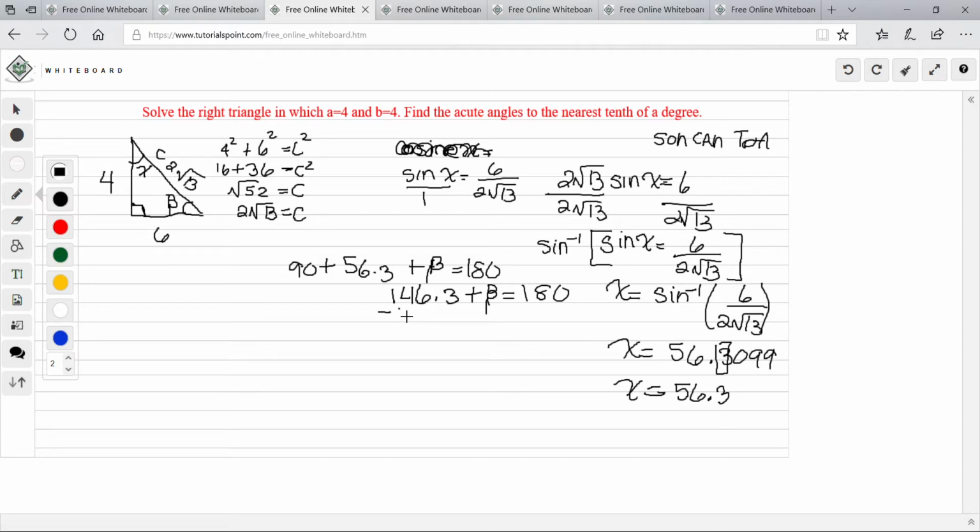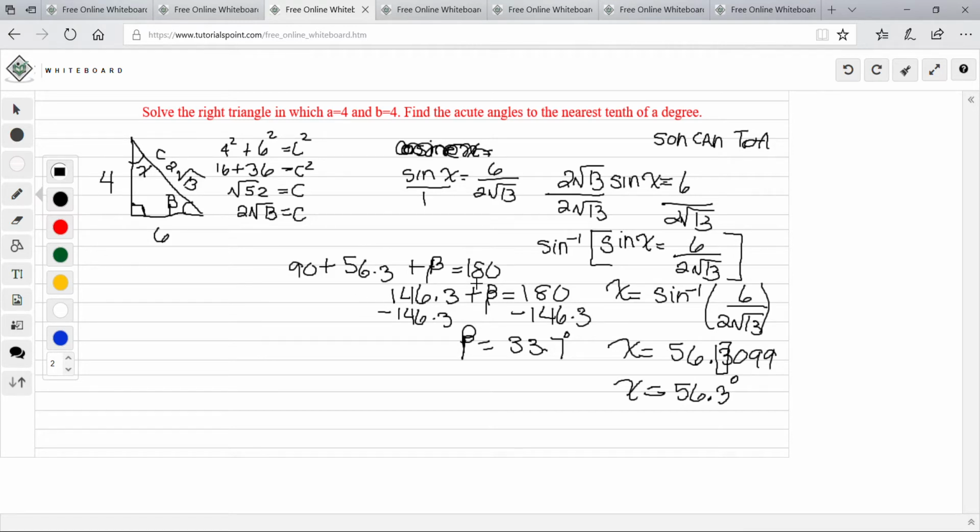Subtract both sides by 146.3, and then your beta equals 33.7 degrees. So that's one way of finding beta, or you could have used tangent of beta. You would still get the same answer, but I like this way because it's much simpler.